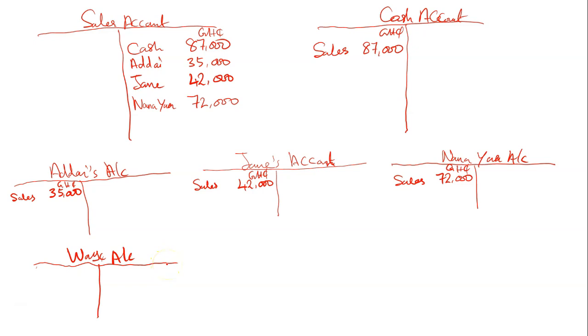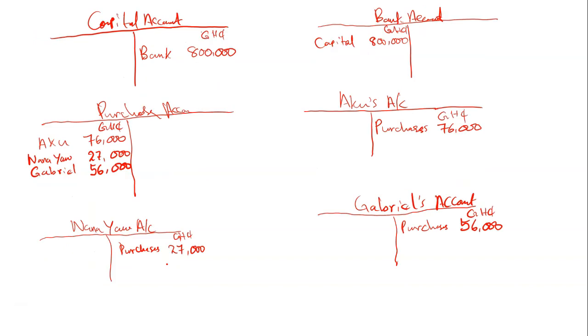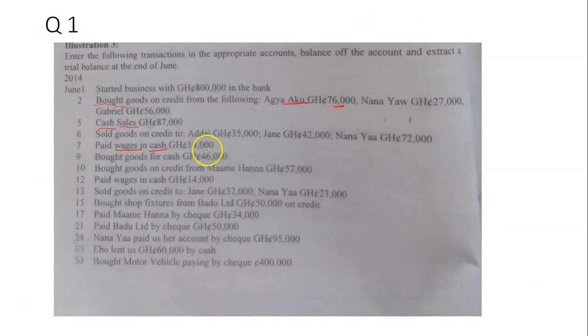You pay wages in cash. As you are paying wages in cash, you notice that your cash is reducing. You pay wages in cash 14,000 Ghana cedis. So you realize that your cash will reduce because you are paying it in cash. So your business cash will reduce by 14,000 Ghana cedis.